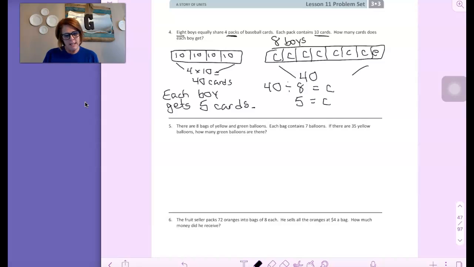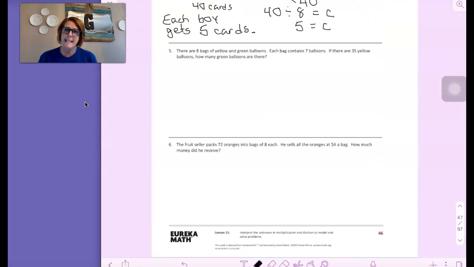We're going to do one more together. We're going to go down and do number 6. Now, numbers 4 and 6 are a little bit harder because they have multiple steps, okay? So we're going to do these types of problems together. Number 6 says the fruit seller packs 72 oranges into bags of 8 each.